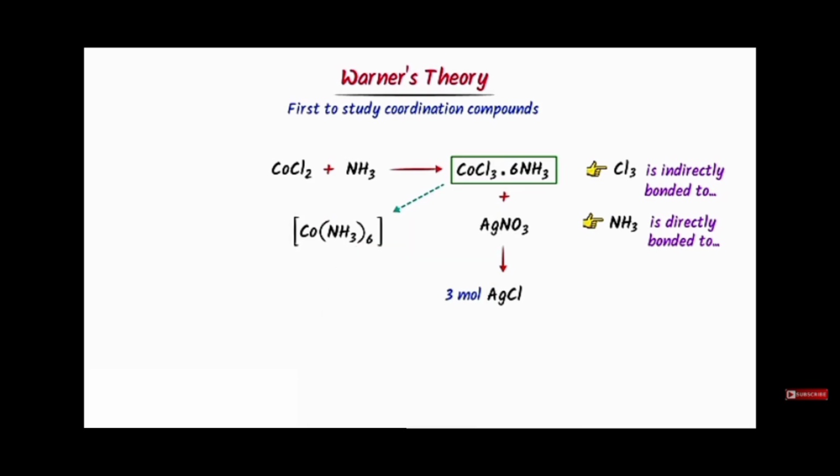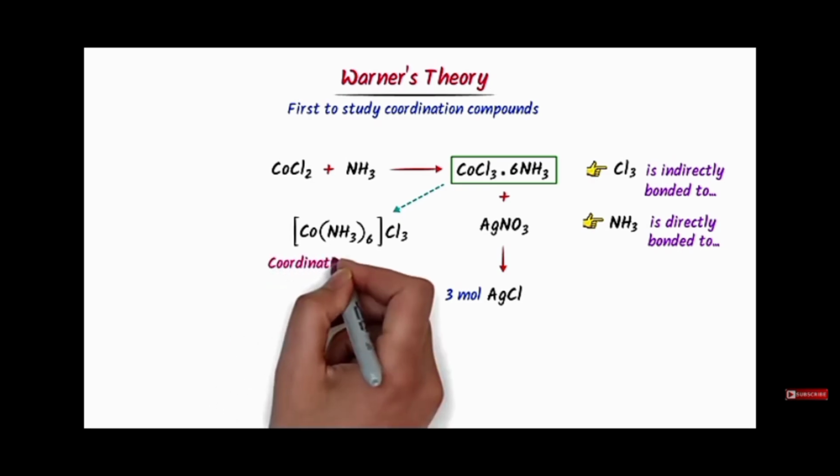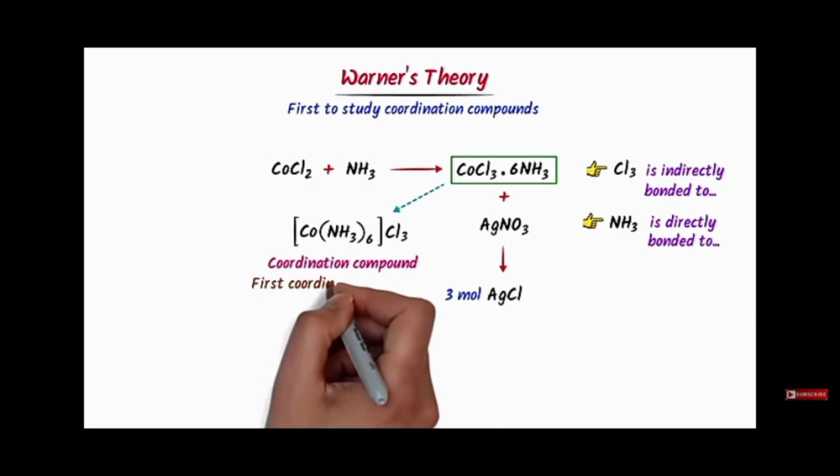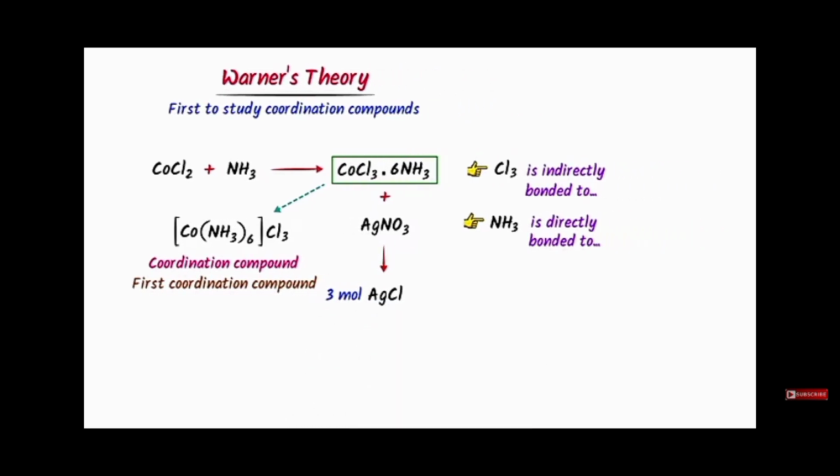He put a square bracket around these two species. Finally, he wrote chlorine and there are 3 of them. So Werner therefore said that 6 NH3 are directly bonded to cobalt and 3 chlorines are indirectly bonded to cobalt. He called this compound a coordination compound. Remember that this is the first coordination compound in chemistry.